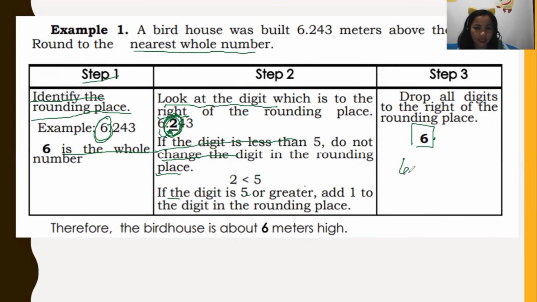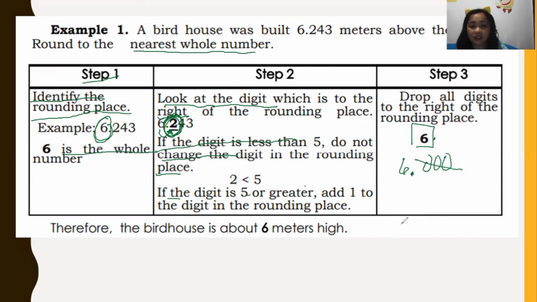So, pwede, minsan nilalagay nila 6.000. Yung mga zeros after the decimal point, they are not significant. Kaya pwede mo na siyang alisin. Ibig sabihin, kahit dumami pa yung 0 dyan, walang value. Kaya pwede mo siyang alisin.